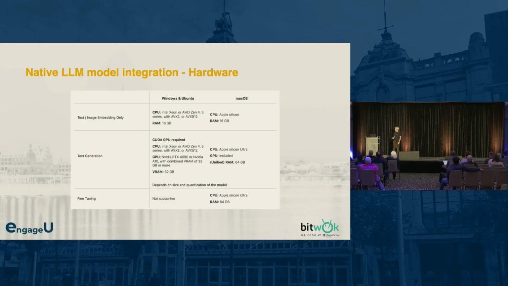Okay, and hardware. Depending on whether you are using Windows, Ubuntu, or macOS, the hardware is a little bit different: you have Apple Silicon CPUs, or you have different Intel processors. What is very, very important is the RAM amount, because all the models should be in RAM.